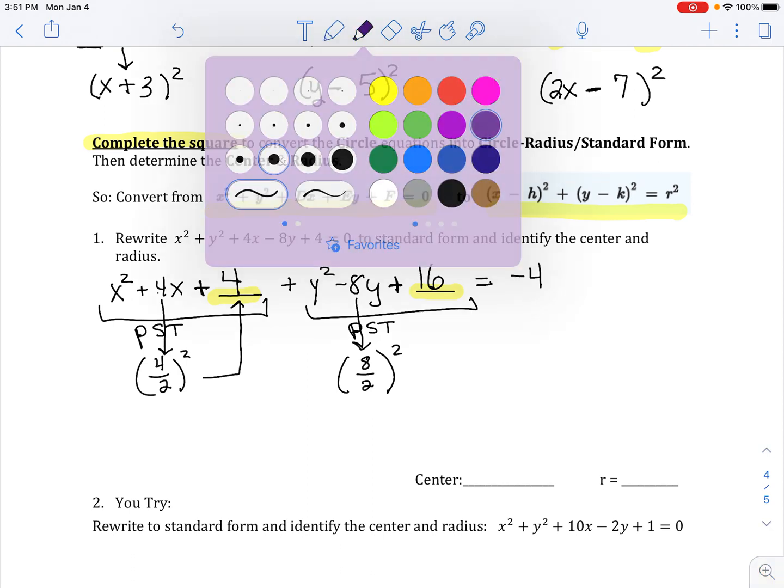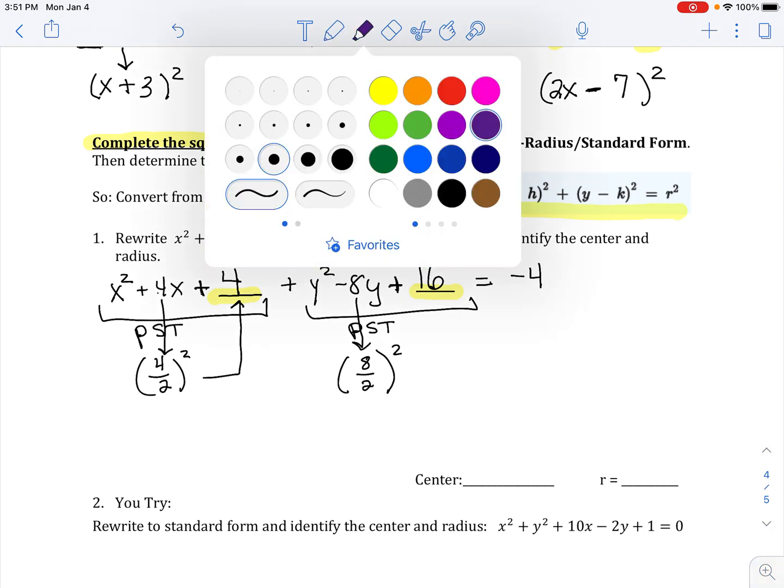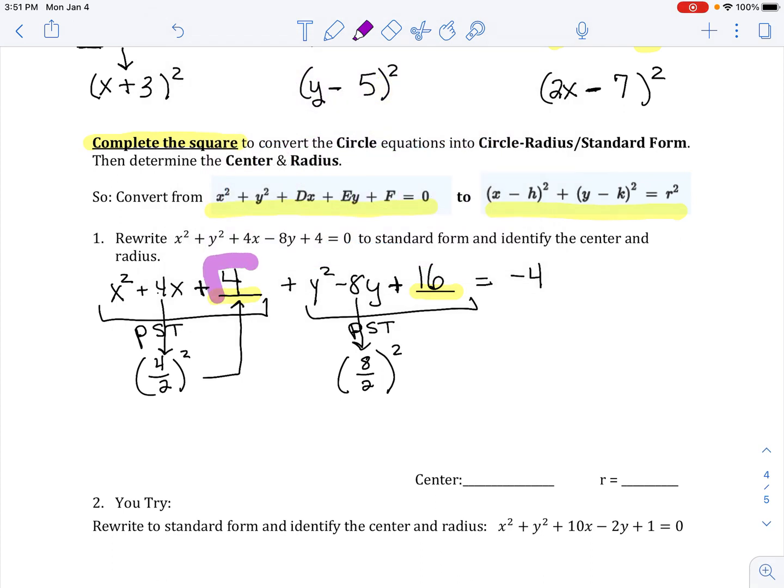Now, while I was doing that, I added a 4 and a 16 to the left side of the equation. In algebra, whatever we do to one side of an equation, we do the same thing to the other side. So I have to come over to the other side and add a 4 and a 16.